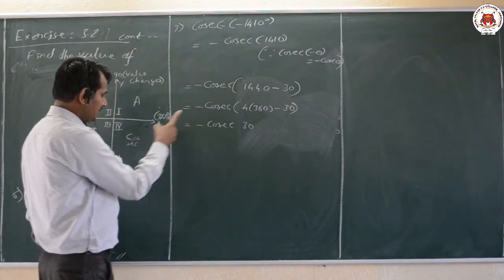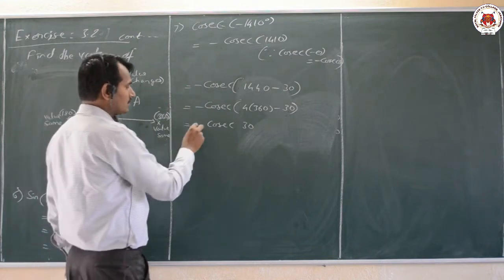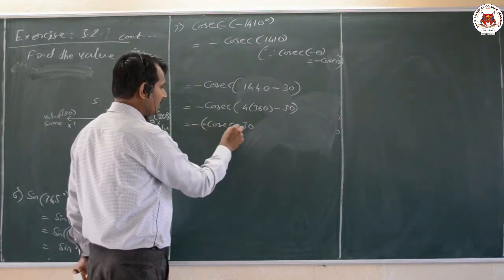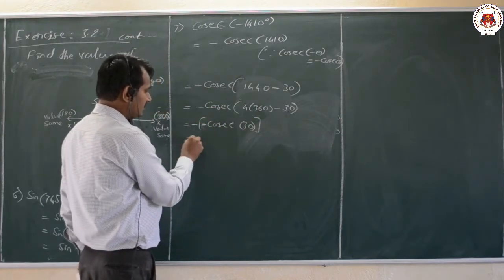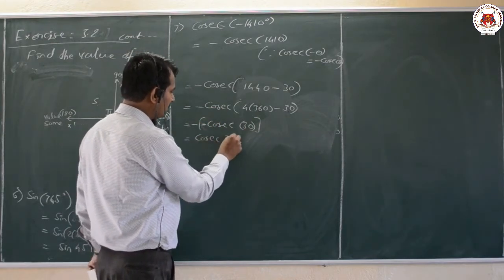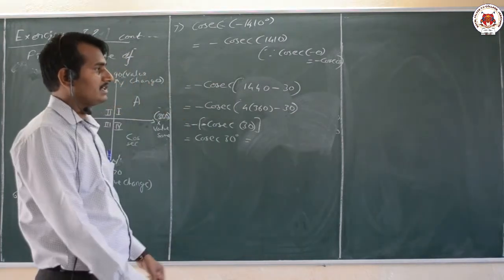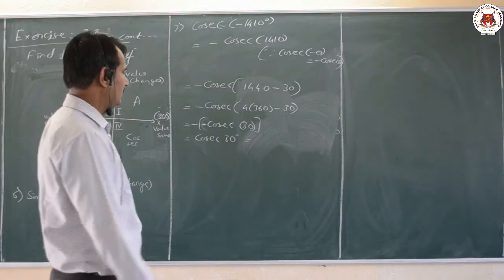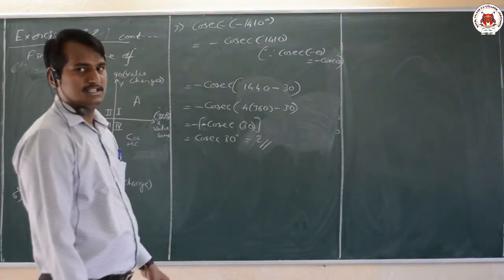Now cosecant, is it positive or negative in the fourth quadrant? Cosecant is negative in the fourth quadrant. So minus of minus cosecant 30 degrees, minus of minus, that is nothing but cosecant of 30 degrees. Now what is the value of cosecant 30? The value will be 2. That is our required result here.